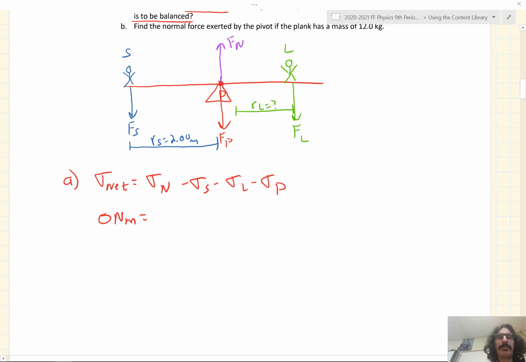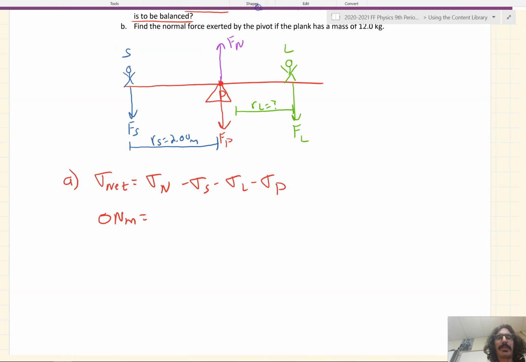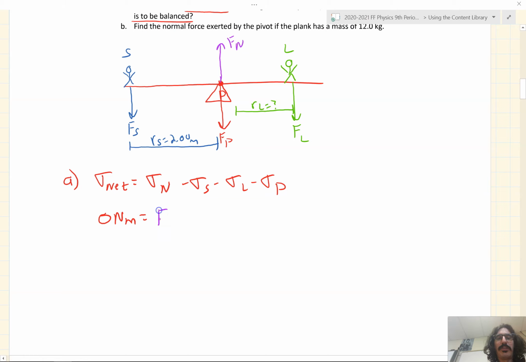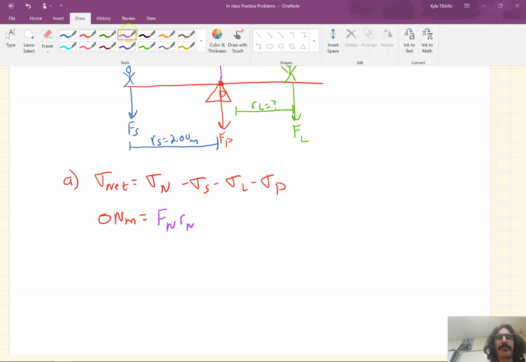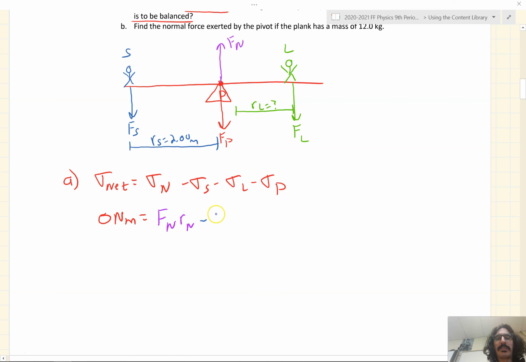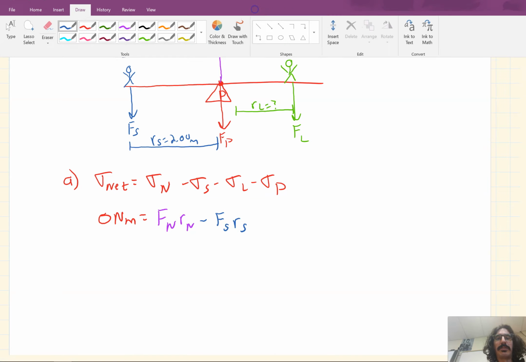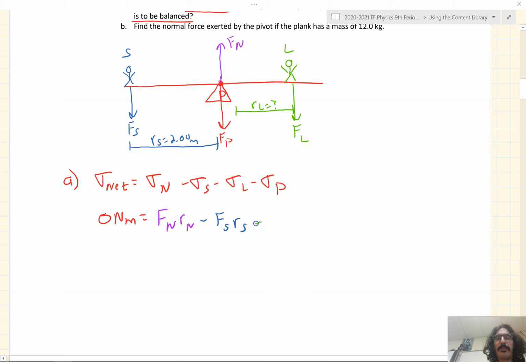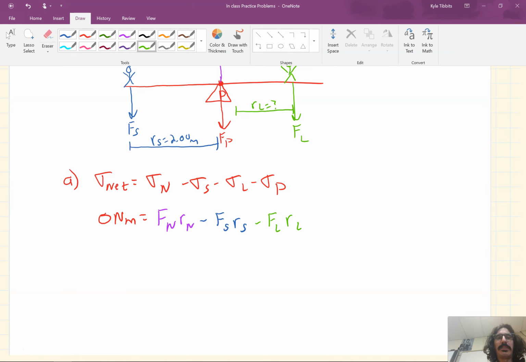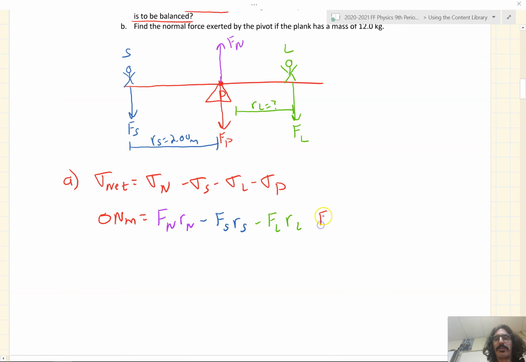So we have the normal force times the distance from the point of rotation, minus the force of gravity from Sophie and her distance from the point of rotation, minus the force of gravity from Luca and his distance from the point of rotation, and lastly, minus the force of gravity from the plank and its distance from the point of rotation.